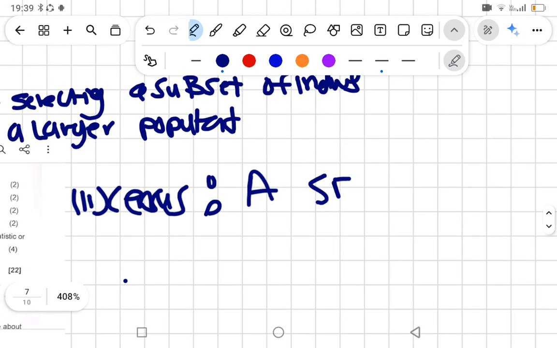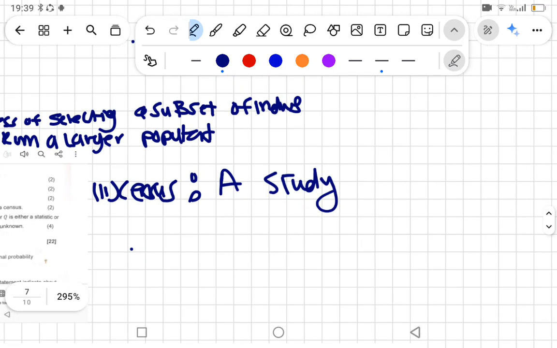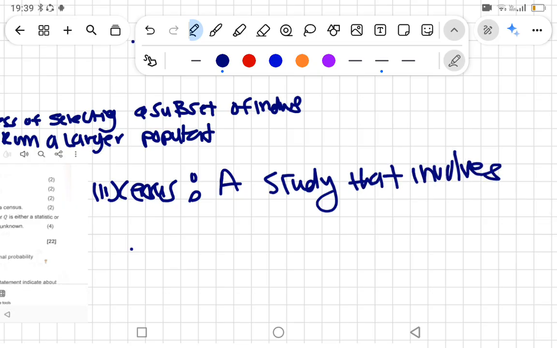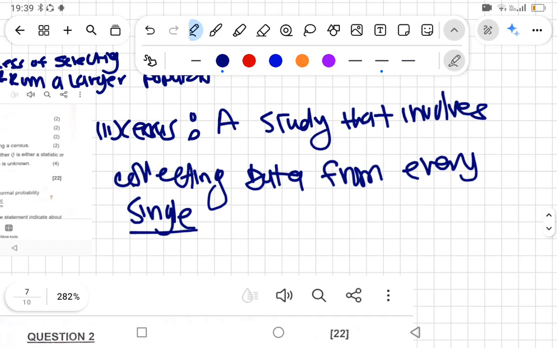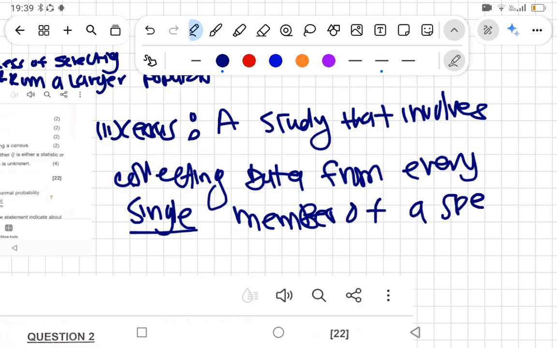So it's a study that involves collecting data from every single member of a specific population.